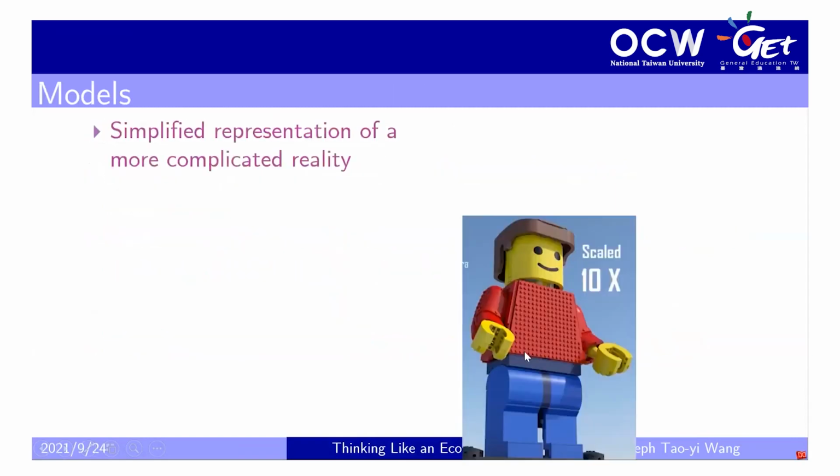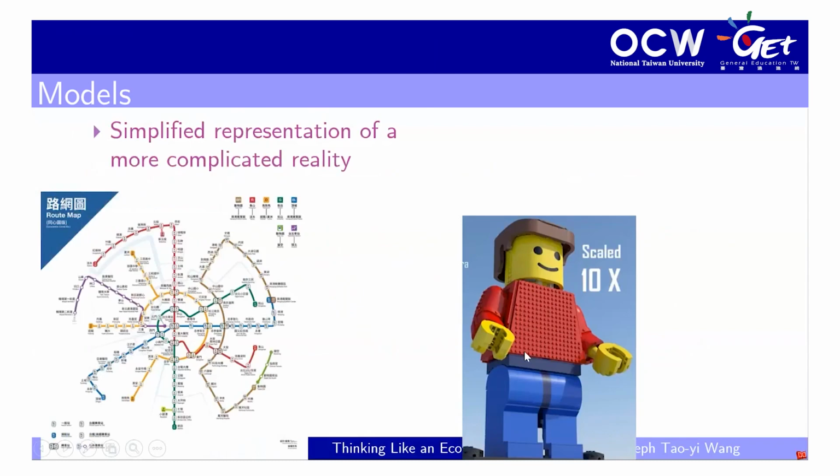So think about what models are. For example, think about this map. This is an MRT map of Taipei MRT. Of course, this is not real, and in fact, it's not even to scale. If you put a Taipei city map in front of you, this MRT map is just completely off. But the whole point of an MRT map is to give you an idea of the network.